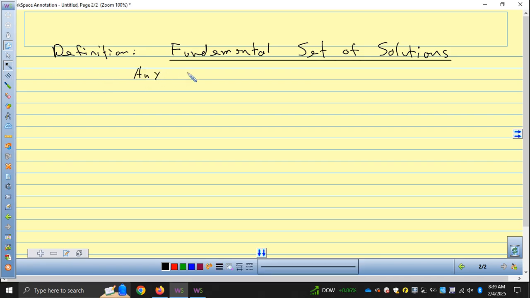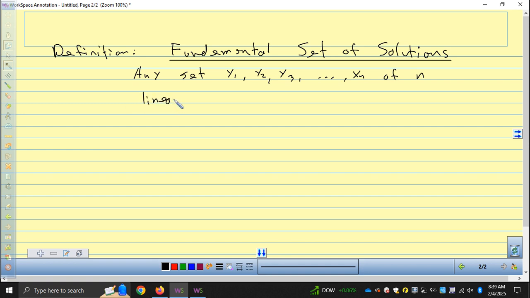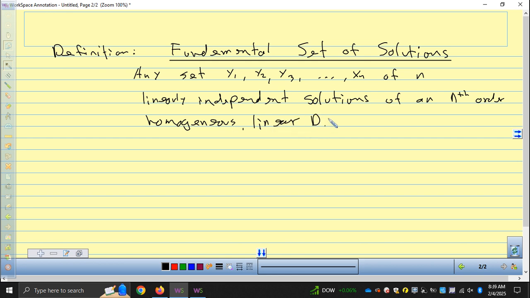Any set y1, y2, y3, up to y sub n, of n linearly independent solutions of an nth order homogeneous linear differential equation on some interval, we call that a fundamental set.